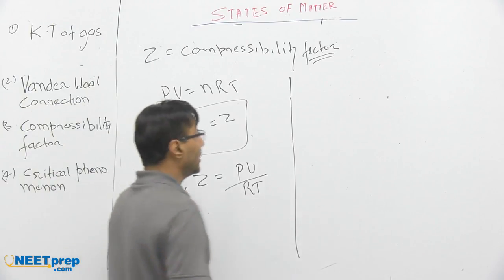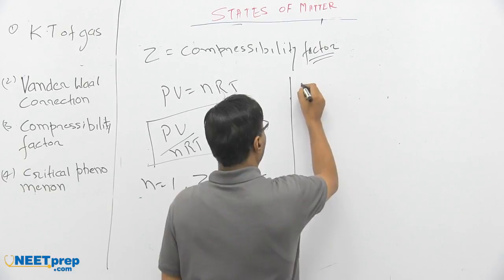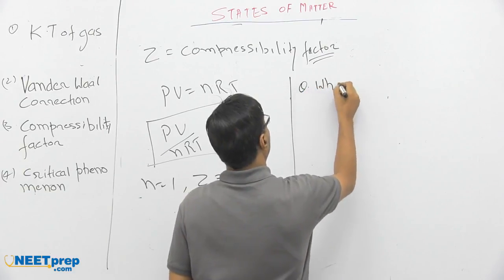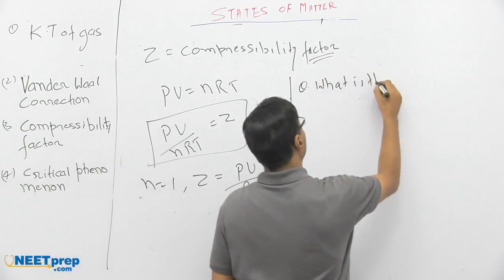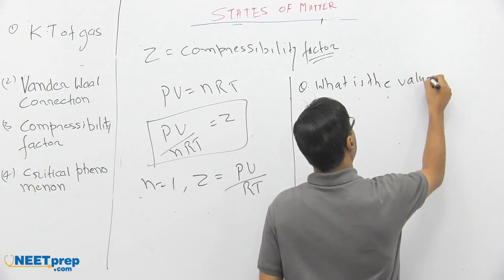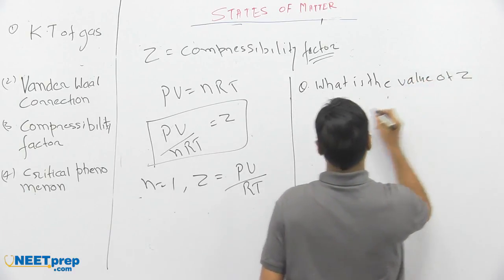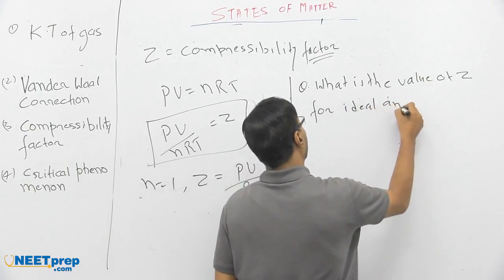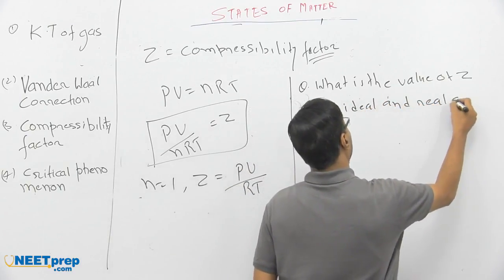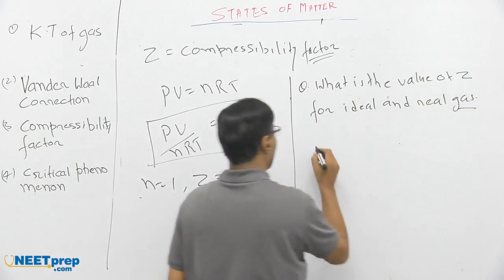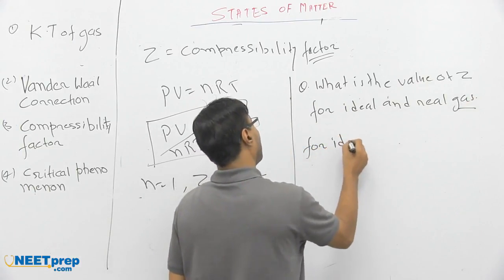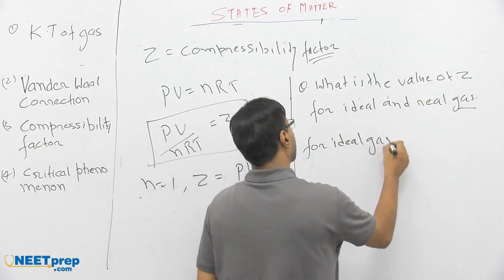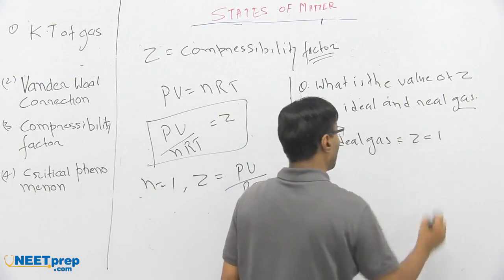In the entrance exam they ask what is the value of Z for ideal gas and real gas. For an ideal gas, Z is always equal to 1.